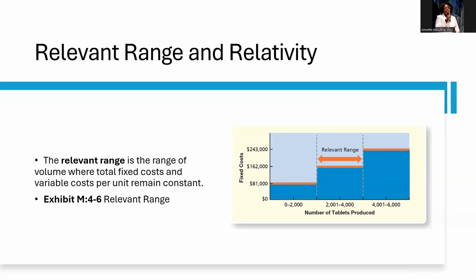To estimate costs, managers need to know the relevant range because total fixed costs can differ from one relevant range to another, and the variable cost per unit can differ in various relevant ranges. Here you see in this exhibit the relevant range.